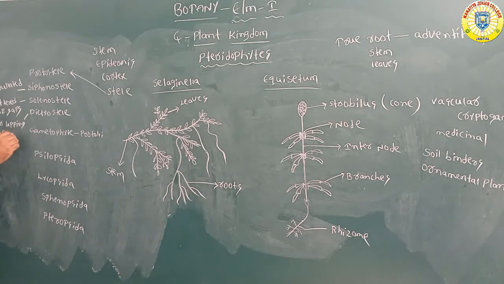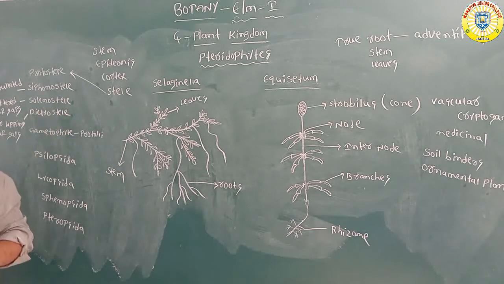So whatever the type of stele, here there are 4 types: first protostele, second siphonostele, third solenostele, fourth dictyostele.